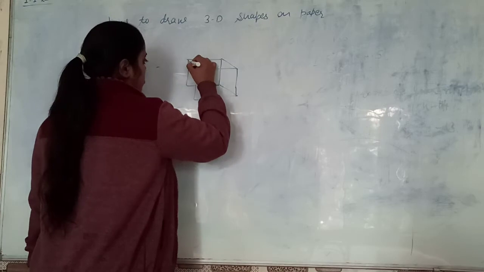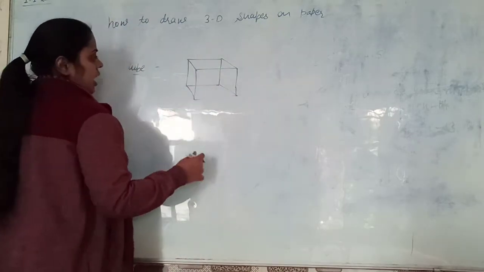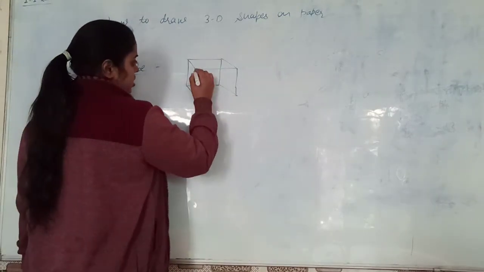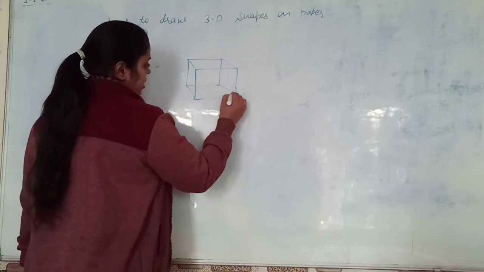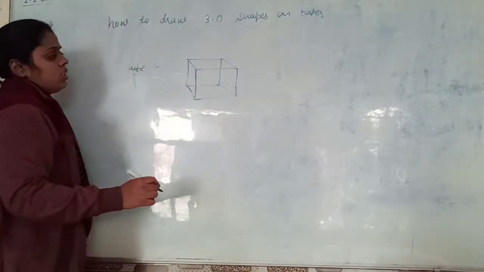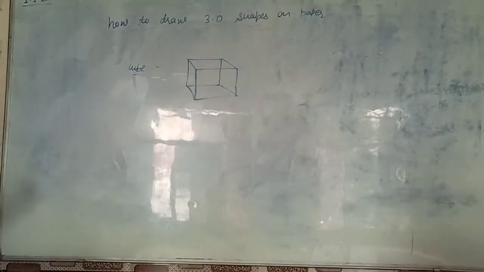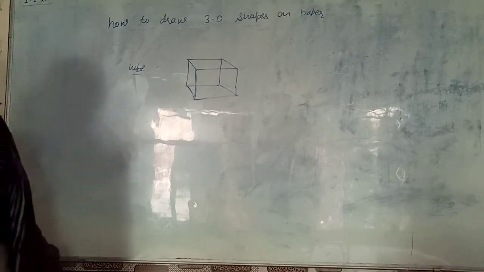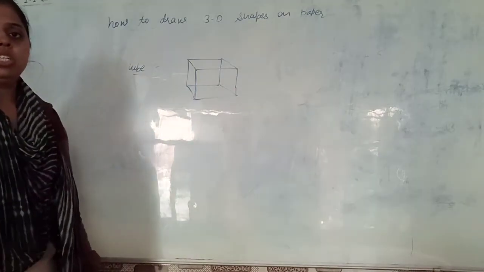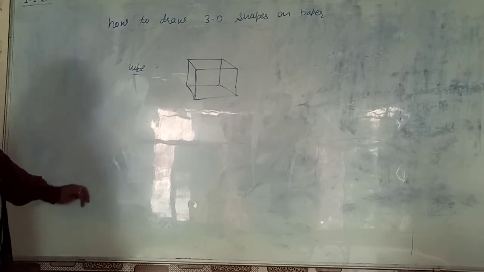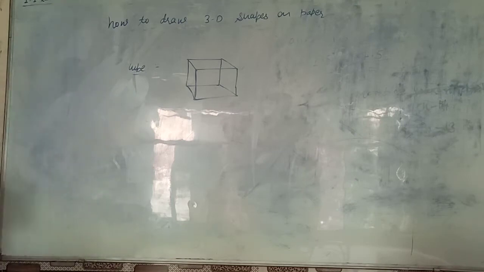It will show you its height, length and breadth, all three things. How will you draw these shapes on a sheet of paper, right? So, these shapes we can draw by two types of sketches.